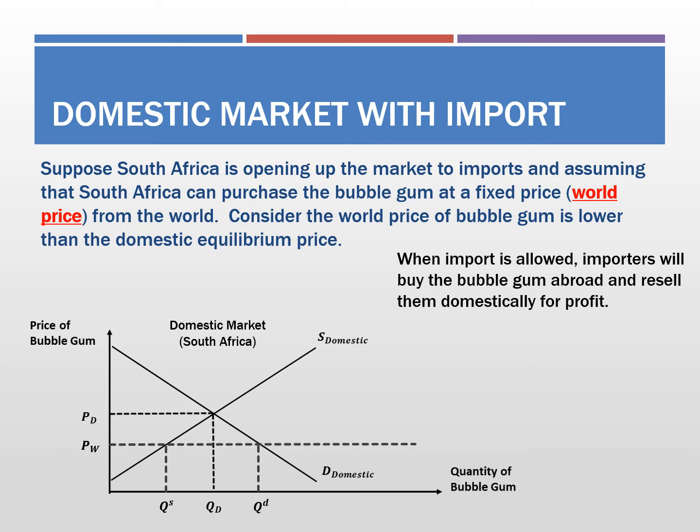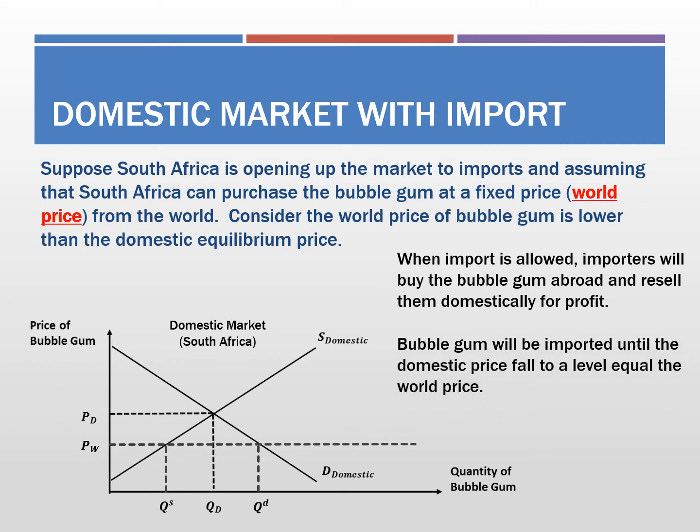And there is a margin for someone to bring in this very cheap bubblegum from Germany to South Africa to sell for profit. So maybe you buy a $2 pack from Germany and sell it in South Africa for maybe $2.50, so that you can make 50 cents of profit, which makes perfect sense. So it provides an incentive for importers to start importing the products to South Africa.